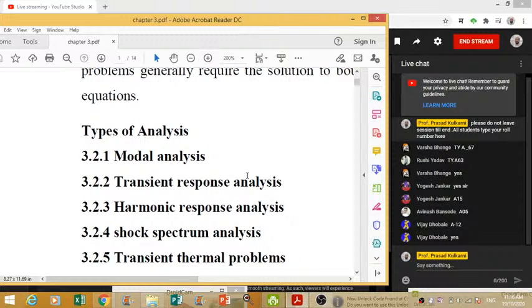Suppose a car is standing and it is not moving, but the self weight of that car is acting on the chassis frame. So the chassis frame must be analyzed statically. Take another example of static analysis.